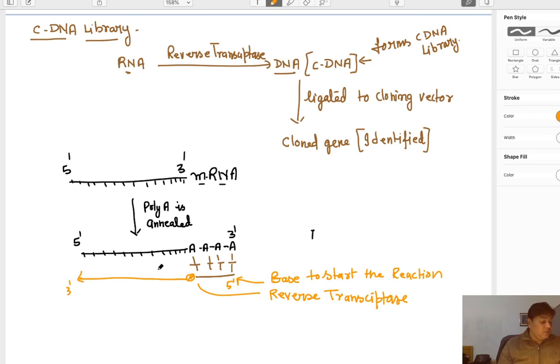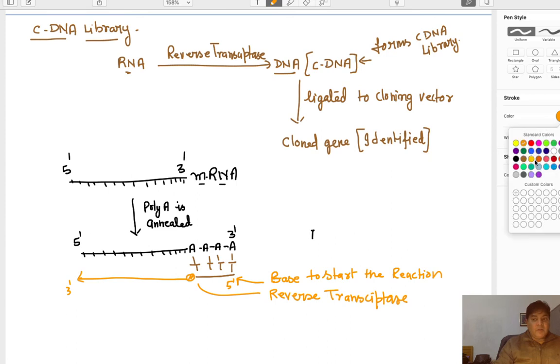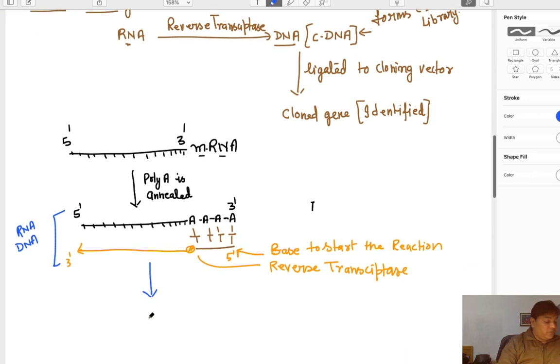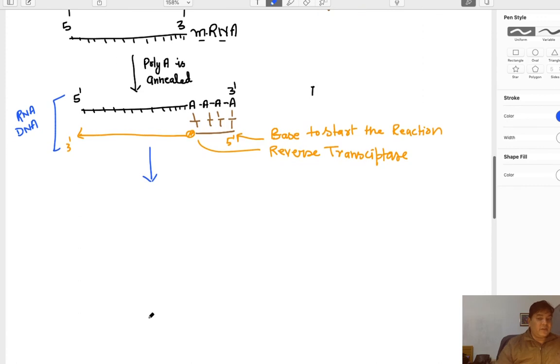Alright, so now this molecule will become a hybrid molecule of DNA and RNA. This is an RNA-DNA hybrid, but we ought to have both strands as DNA, not a single-strand DNA, because one strand is RNA, which has uracil in place of T. So next what we do here, we treat this whole structure with RNase H1.